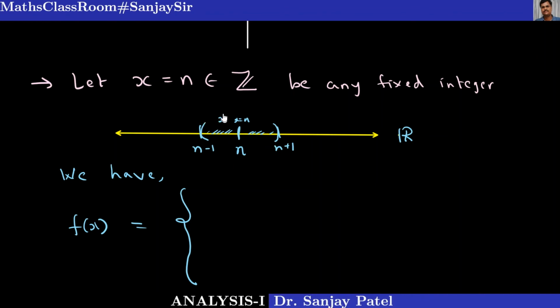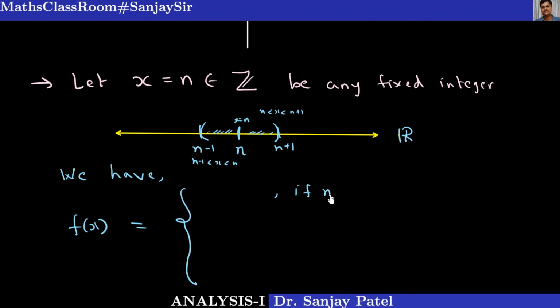So let me write here that x can be n minus 1 less than x less than n, or n less than x less than n plus 1. So I will take three cases for defining this function at n.